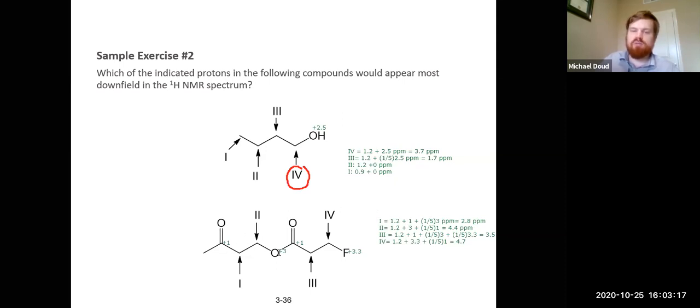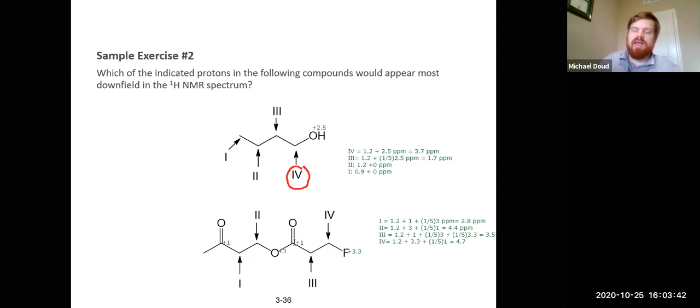It's also beta to this ester oxygen over here, so that's +1/5 times 3, which gives 2.8. Carbon 2 is alpha to the ester oxygen, so I give that one 1.2 plus 3. And it's also beta to this ketone over here, so that's 1/5 times 1, which is 4.4 parts per million. Now we skip over here to carbon 3.